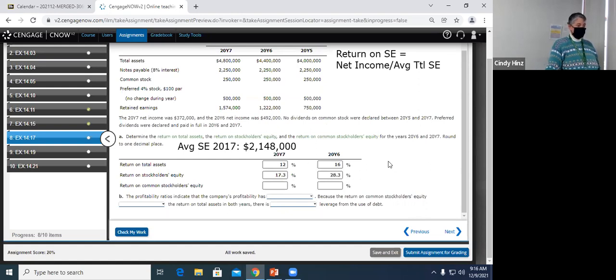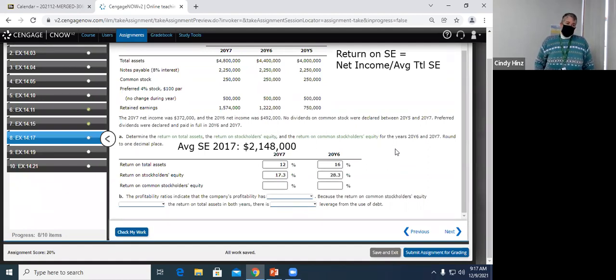So any questions on return on stockholders' equity? I don't know how much you guys on Zoom can hear the conversation in the classroom, but I'm going to be pulling together or locating for you a formula sheet that would just list all of these formulas. The calculation part shouldn't be terribly complicated when you have the formula.